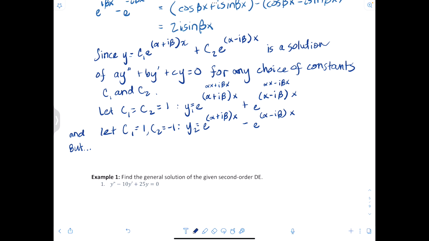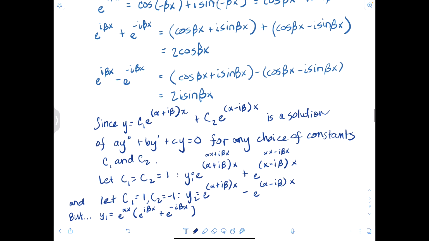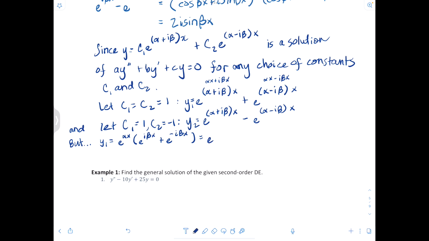So we would end up having y1 equal to e to the alpha x times e to the i beta x plus e to the negative i beta x. But what did we find out earlier? Beautiful, it's this guy here. So we would get our e to the alpha x times 2 cosine beta x.